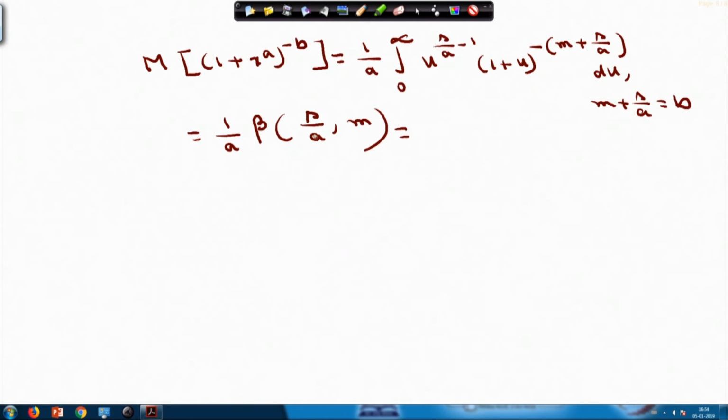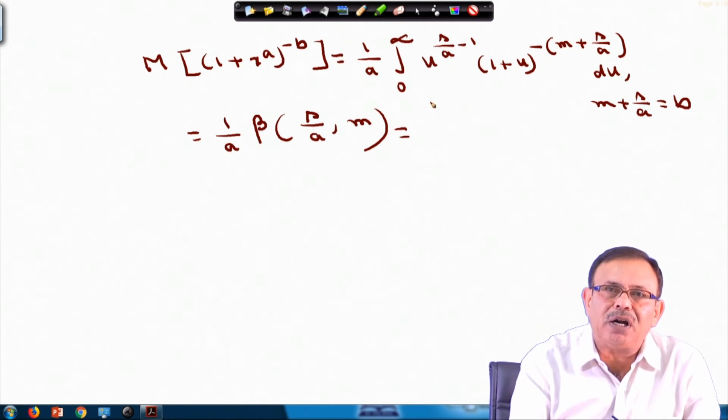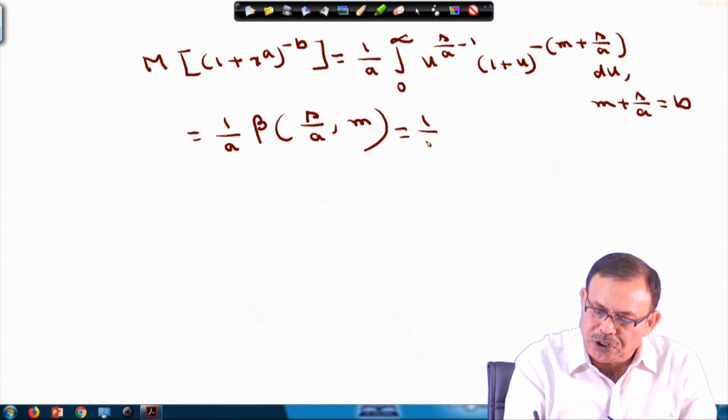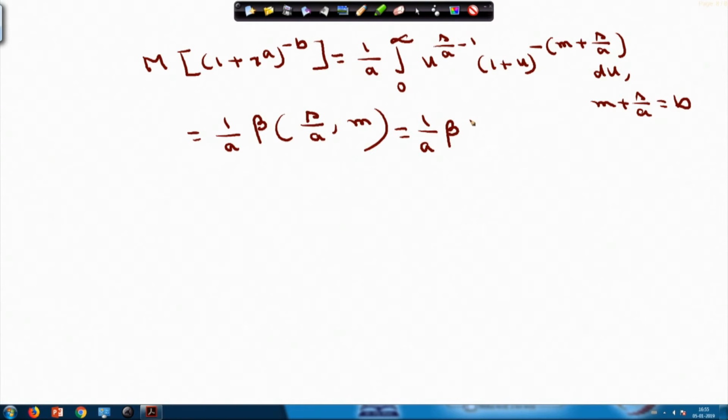I am not showing how it is coming, because directly from the integral I can obtain this particular value. If I evaluate this integral in terms of the beta function, I can represent it. So, if I replace m with the original value, this will be 1 by a beta of s by a comma b minus s by a. So it is in the form of beta of m, n.